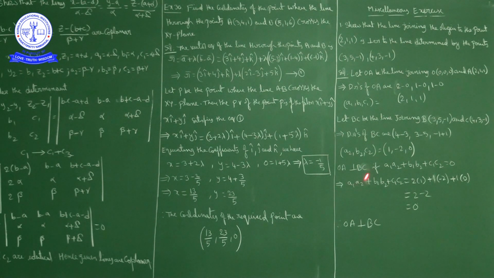So A1 is 2, A2 is 1: 2 into 1, plus B1 is 1, B2 is minus 2, plus C1 is 1, C2 is 0: 1 into 0. So 2 minus 2 is how much? 0. So what we have here, A1 A2 plus B1 B2 plus C1 C2 is equal to 0. So the line joining the origin and the point (2, 1, 1) is perpendicular to the line joining (3, 5, -1) and (4, 3, -1).